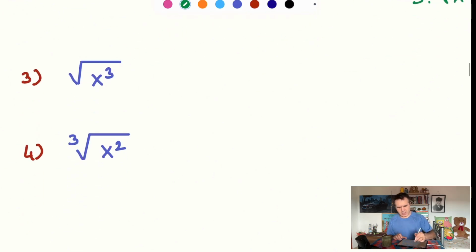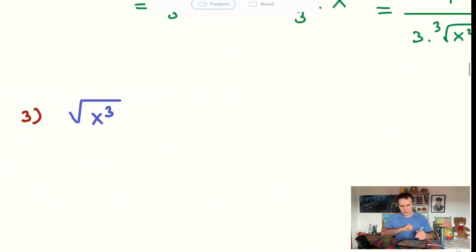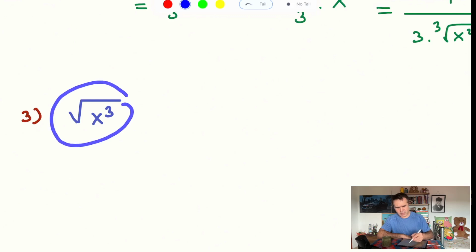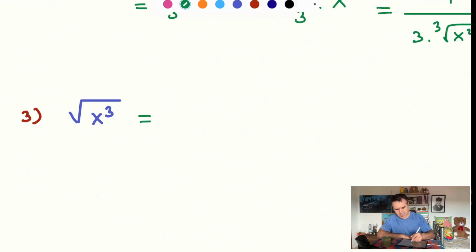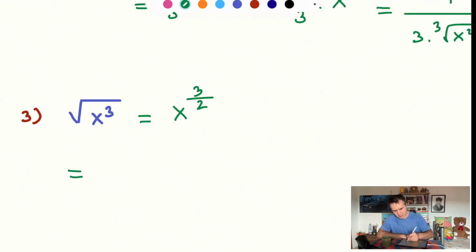And for the next example, again, we will write this function as a power function, and this is equal to x to the power of 3 over 2. And to take the derivative, firstly, we will take the exponent here as multiplication, and this will be equal to 3 over 2 times x to the power of 3 over 2, and subtract 1 from the exponent.